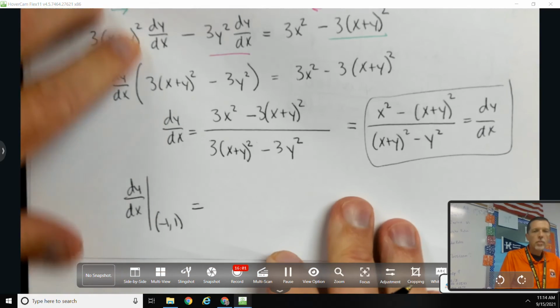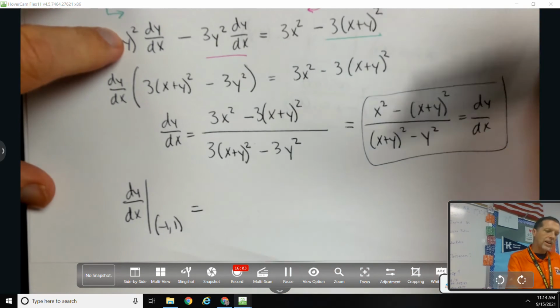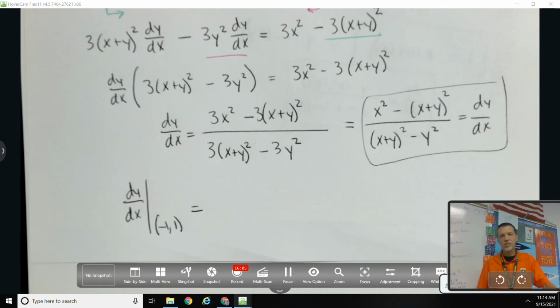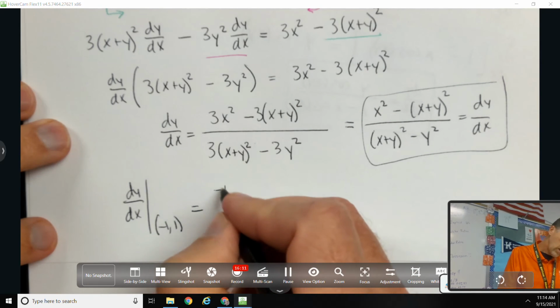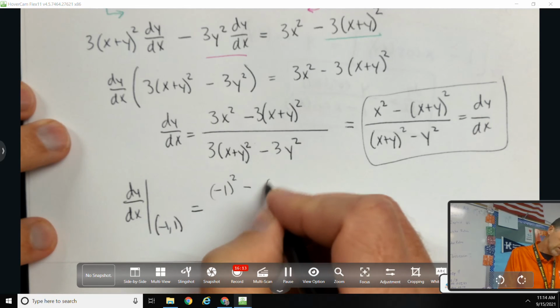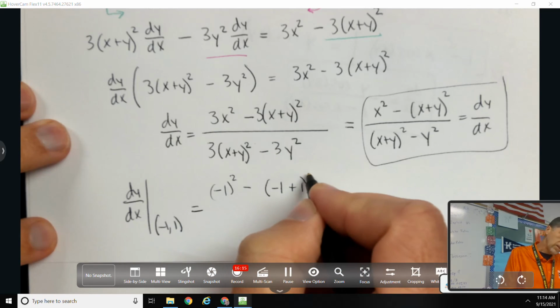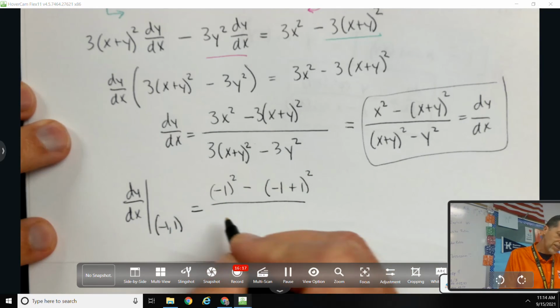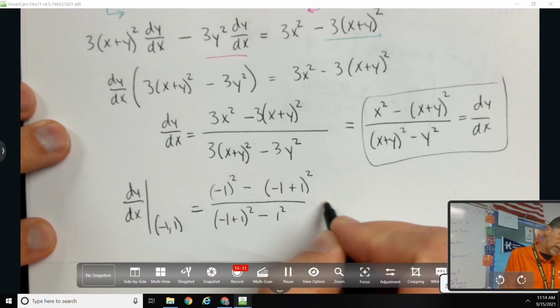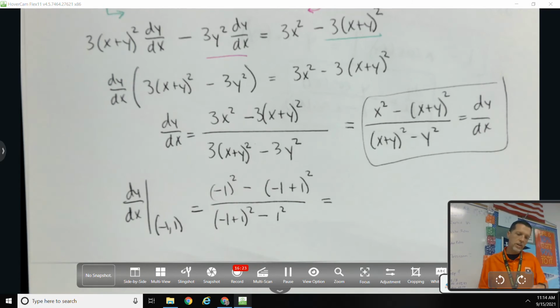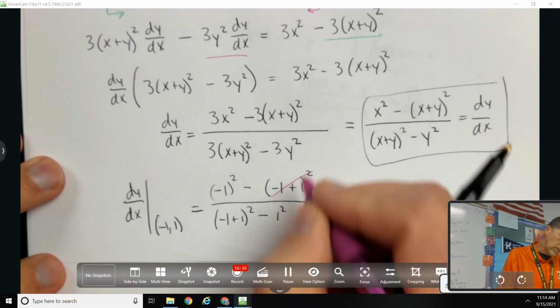Part 2 is find it at (-1, 1). So part 2 really is just algebra. Take what you've got and plug in (-1, 1). So it's negative 1 squared, negative 1 squared, negative 1 plus 1 squared. So that's nice. That's a lot of work for that to go away and that to go away.